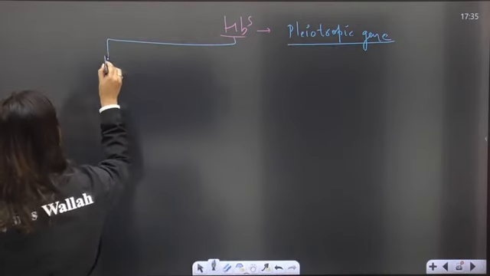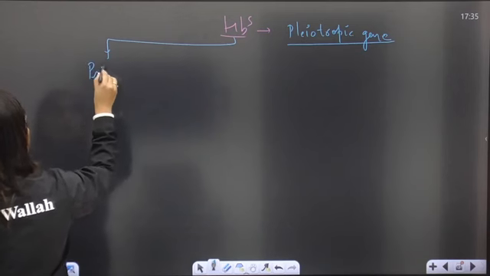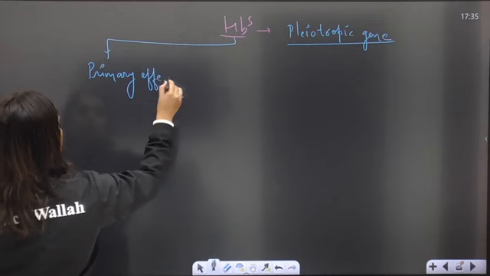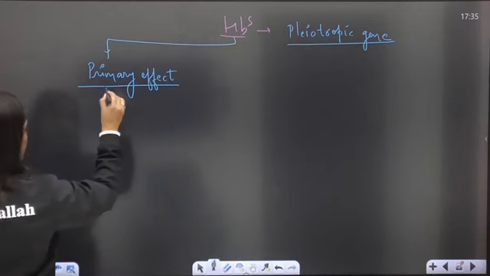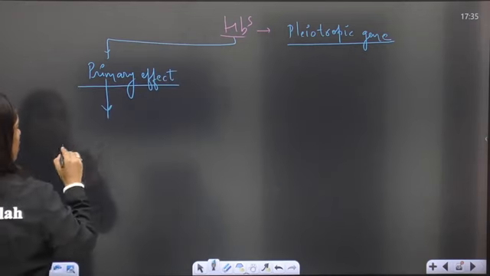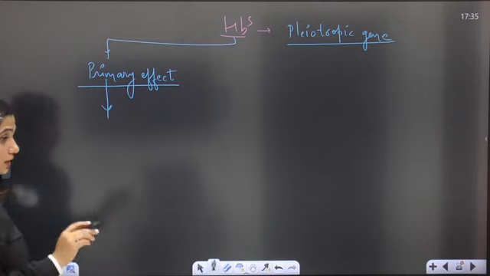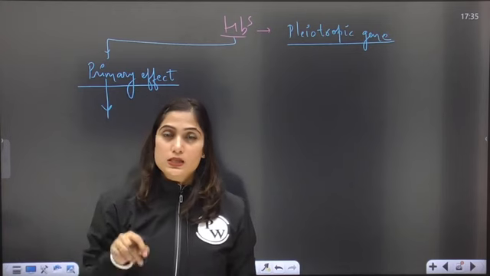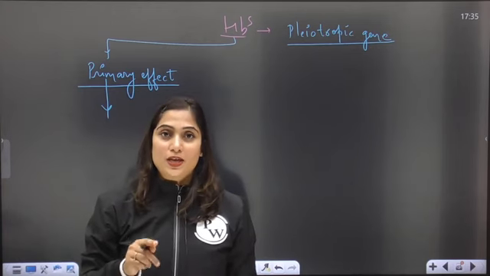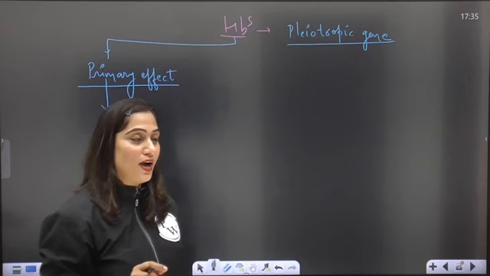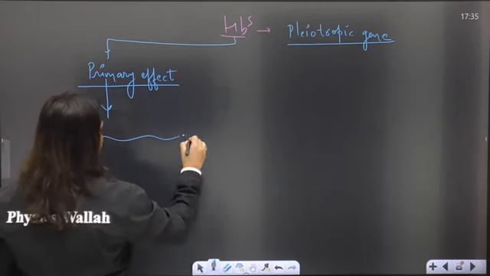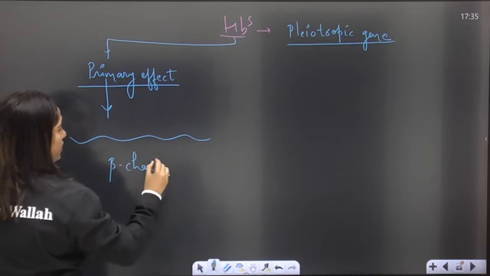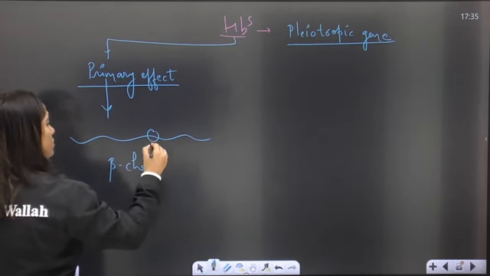And what is the primary effect of this pleiotropic gene? The primary effect is that in the normal condition, in the beta chain of the hemoglobin at the 6th position, the amino acid is glutamic acid. But now valine will come at the 6th position.